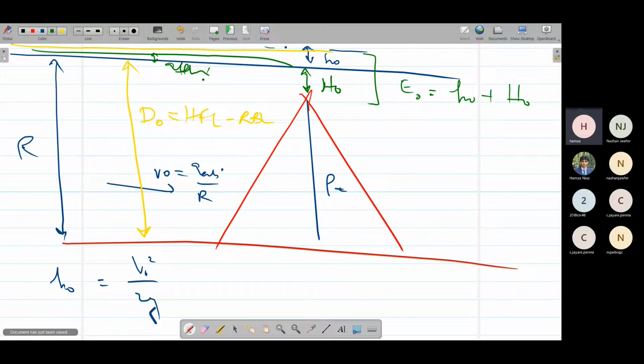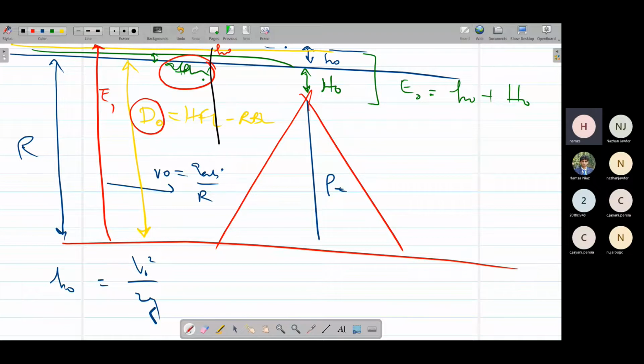After adding this efflux value, we'll calculate this E1 value, the specific energy upstream of weir, as D naught plus efflux plus small h naught, the velocity head. We'll calculate this E naught like this. After calculating this E1, we'll calculate total energy at upstream.